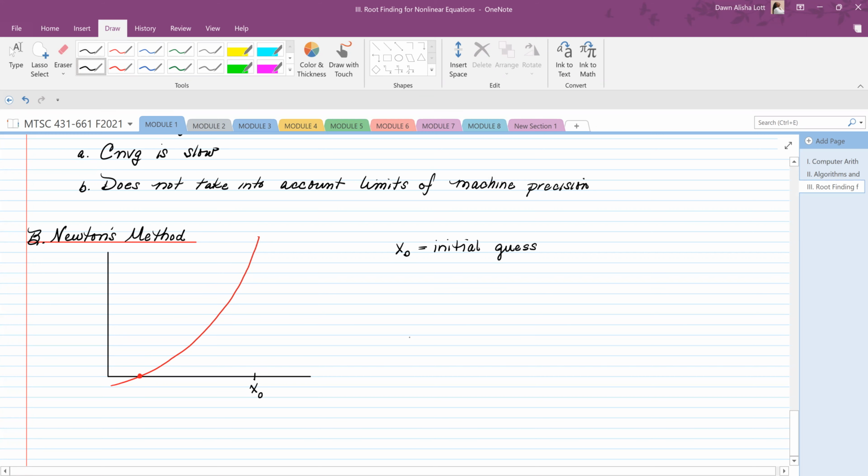All right, so now what I want to do is go up to x_0 on the function, find f of x_0 right here, find the tangent line to the curve at that point. And then I'm going to ride out the tangent line till I bump into the x-axis, and I'm going to consider that to be my next guess, x_1.